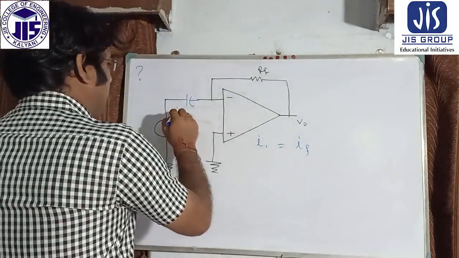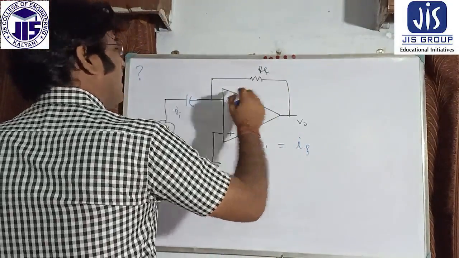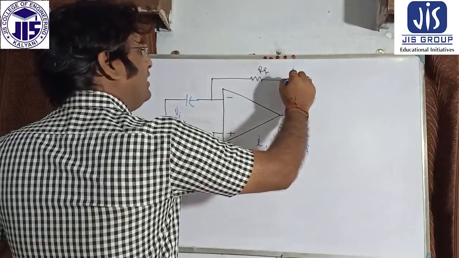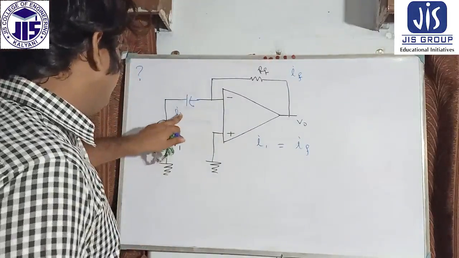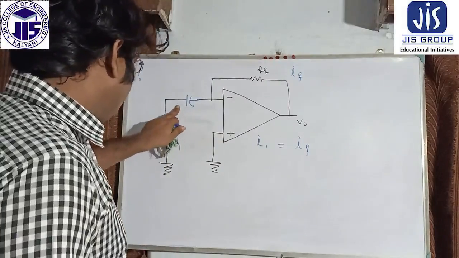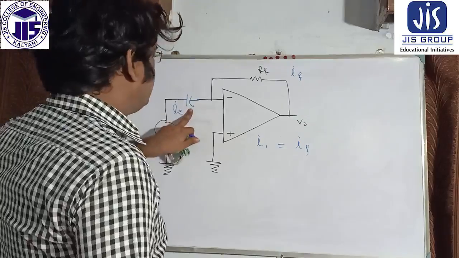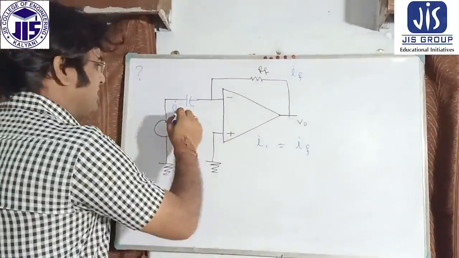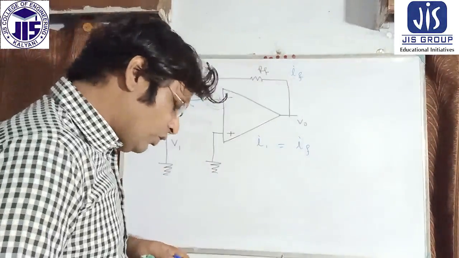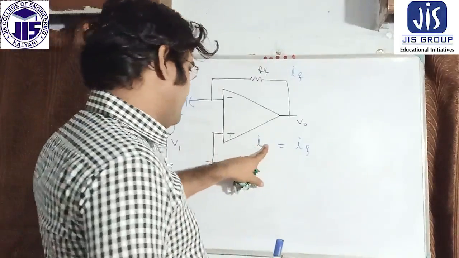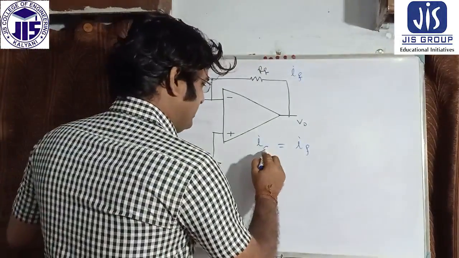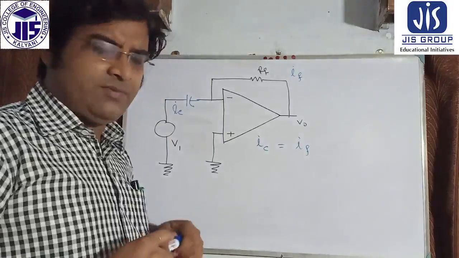This is the II current, and this is the IF current. Okay, very good. Apart from that II, this is IC, because this is the capacitive current. Okay, very good. So for that reason we can represent it as IC, the capacitive current.